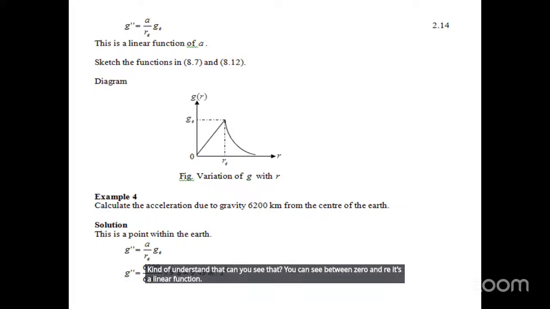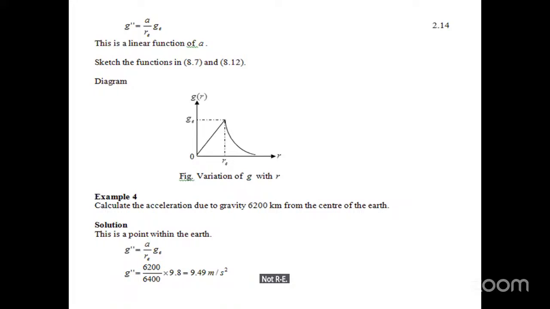Beyond Re, it's the inverse square law. That's the behavior of a function that is proportional to 1 over r squared. From Re forward, the graph is dying down, right?